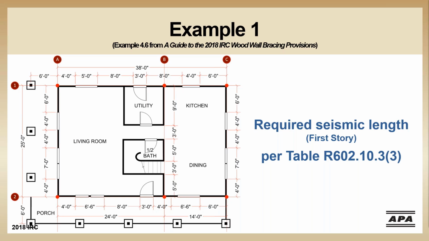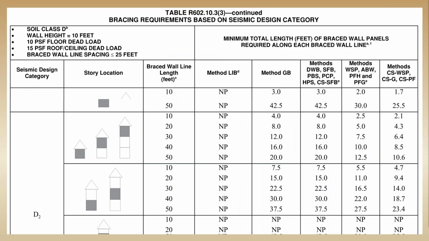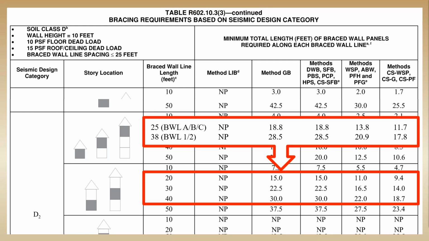Now, repeating the procedure for the lower floor, we're going to use the braced wall line length and interpolate to find these base values. Again, notice we moved down in the table for the lower floor. There's a nice graphic here to show which story we're talking about.